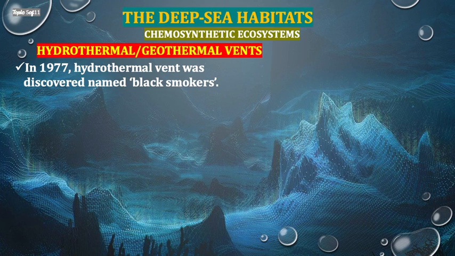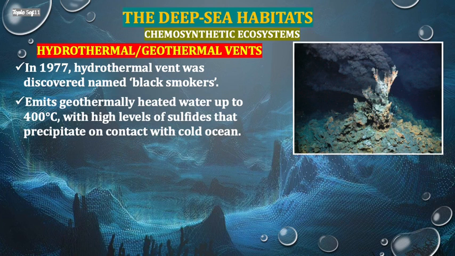Okay, so the first hydrothermal vent was discovered in 1977 in the East Pacific mid-oceanic ridge, and the scientists named these vents the black smokers. They found out that these vents emit geothermally heated water with an extremely hot temperature of about 400 degrees Celsius.